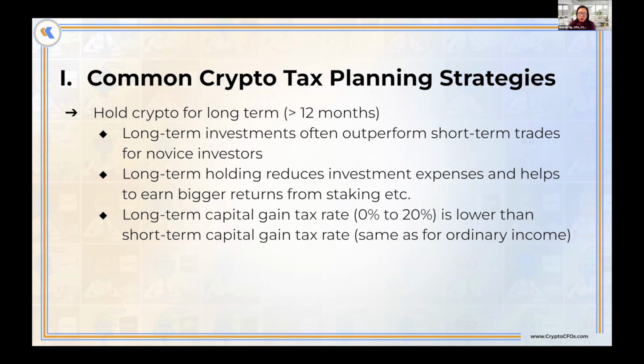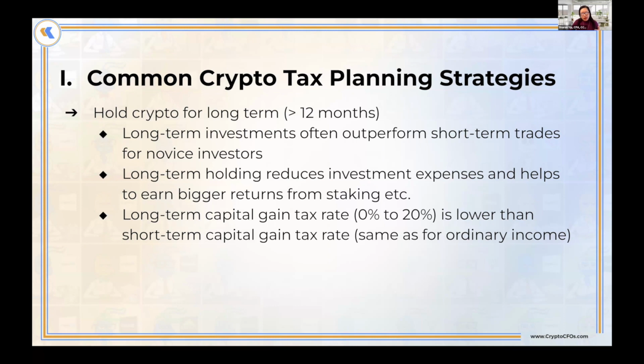So for example, long-term holding usually produces better returns when compared to short-term trades, especially for just regular investors who don't have the professional knowledge about trading. Also, long-term holding requires less transaction fees when compared to frequent short-term trades. It also helps to earn bigger returns from stakings, etc., due to the longer time frame.